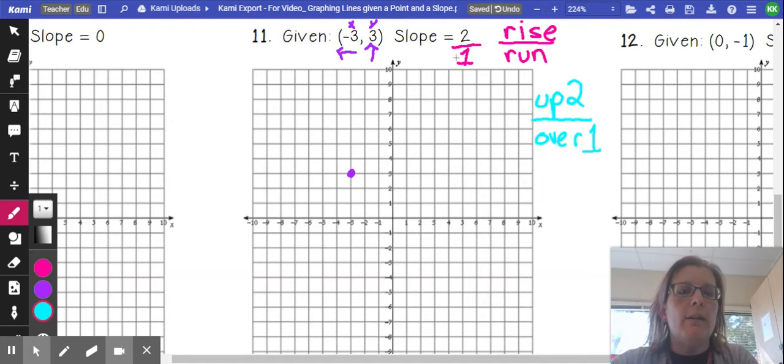So 2 over 1 means up 2 and over 1. Now I go back to my point (-3, 3), and I go up 2, and I go over 1, and I put a point. And then I continue that. It's going to go up 2, it's going to go over 1, and I put a point. It'll go up 2, over 1, and I put a point.